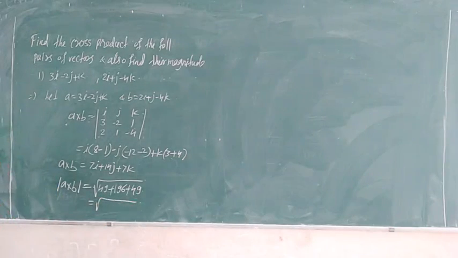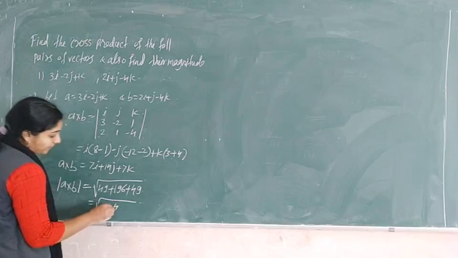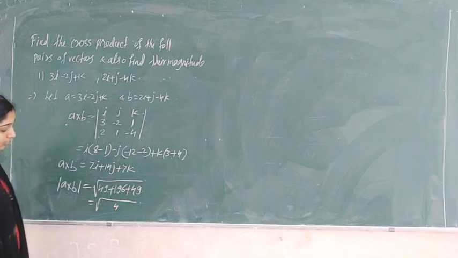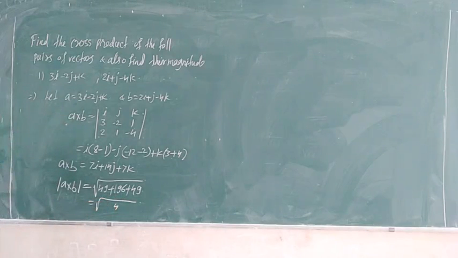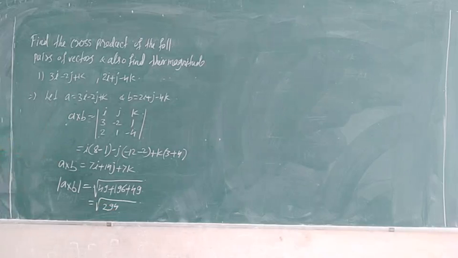If you add these all numbers, 49 plus 196 plus 49, you will get 294. The value is square root of 294.